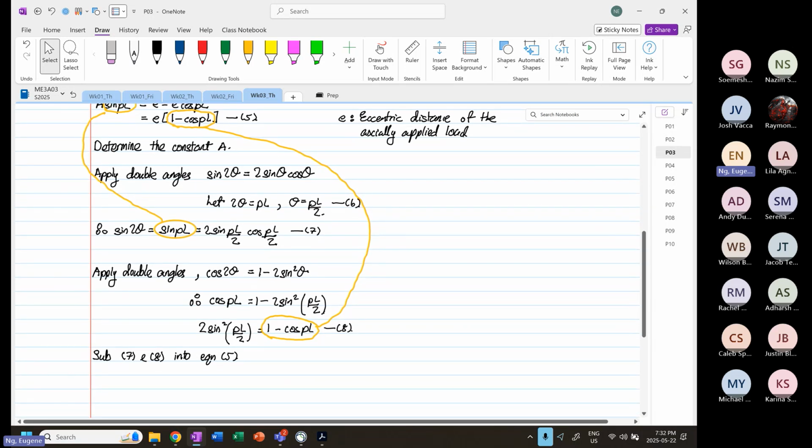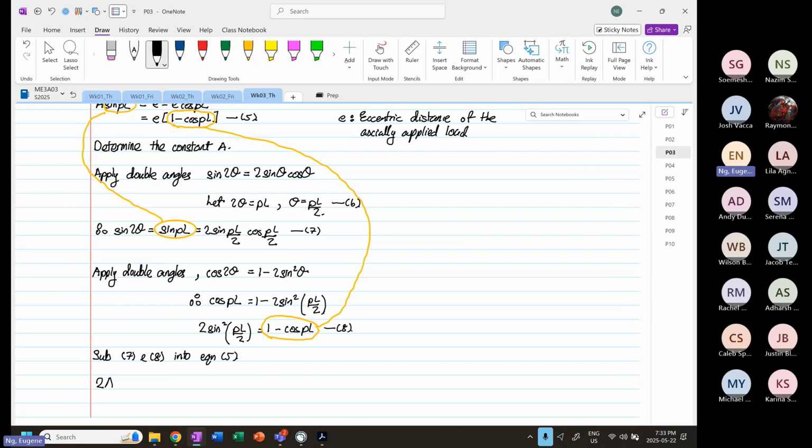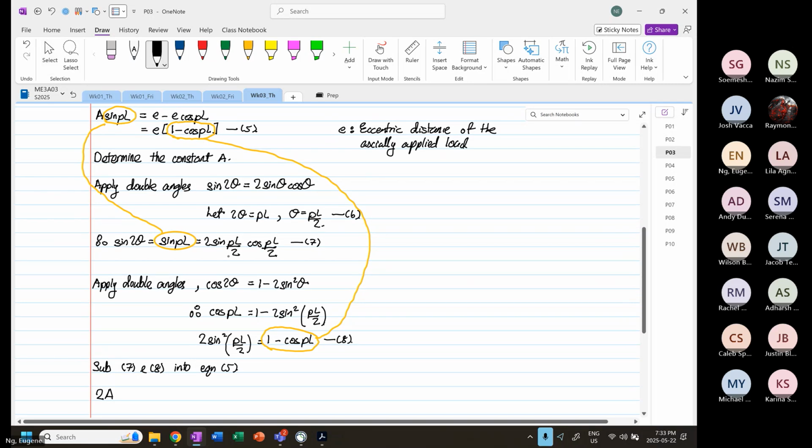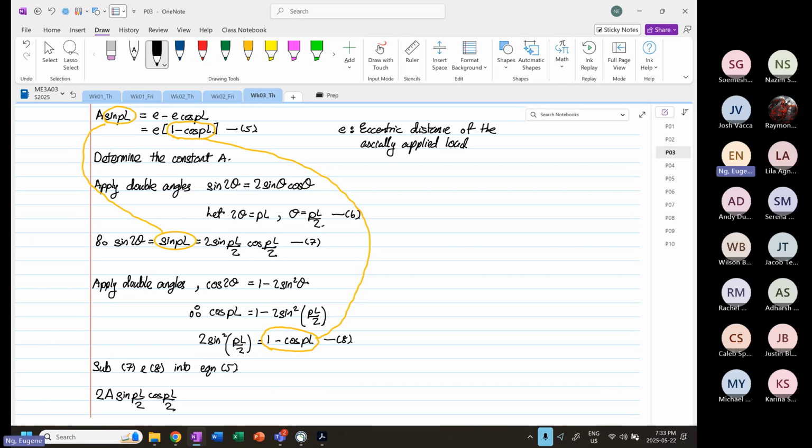Equation number 5 is what you see over there. So we have 2a sine pL over 2 cos pL over 2, and the whole thing will be equal to 2e sine squared pL over 2.